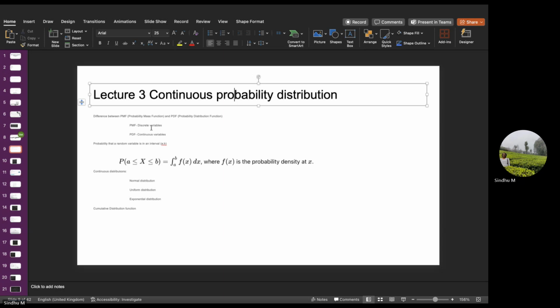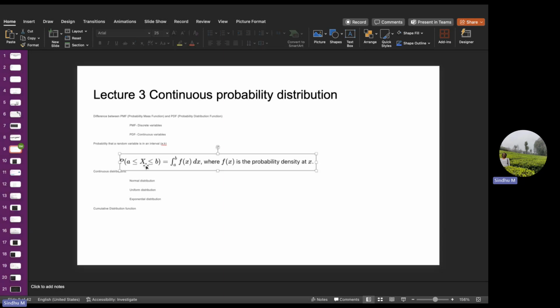Given a probability distribution, this formula tells you how you can get the probability. For example, if you have a probability distribution of height, I'm just giving a rough example.